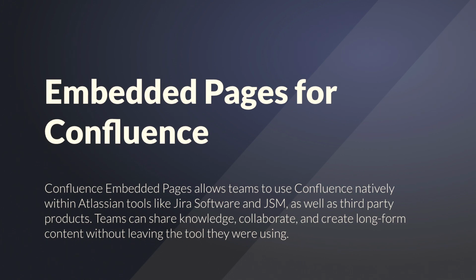Basically, the new API, Embedded Pages for Confluence, allows developers to natively and seamlessly integrate Confluence pages into third-party products, into Jira, into JSM. And so it's really easy to share your already designed, themed content in Confluence externally with non-Confluence users.